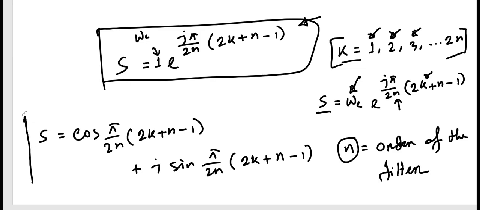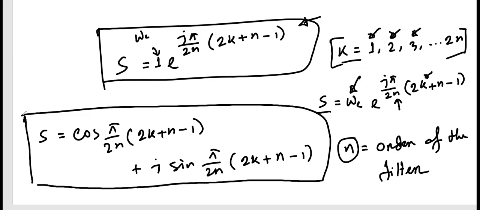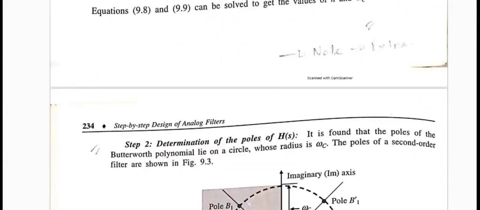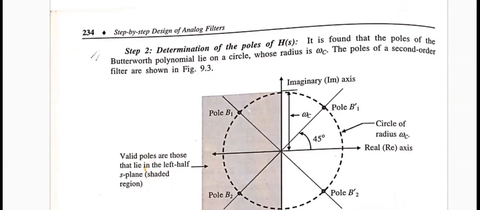This is the key formula by which you can find the pole locations when the value of n is known and omega c is also known. For our case, we took omega c equals 1. So from this understanding, we can prove this statement. Let me show that statement.